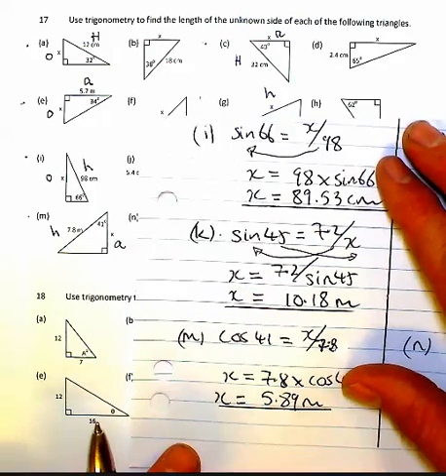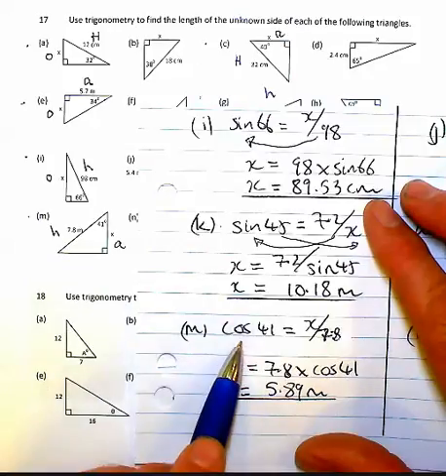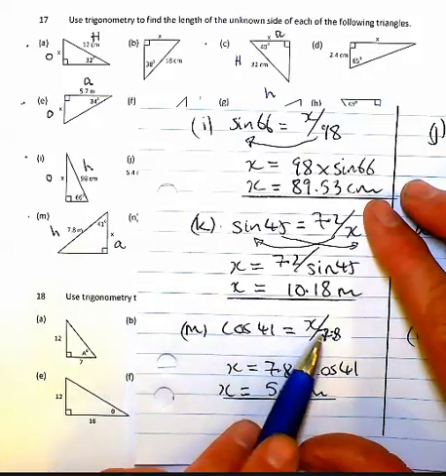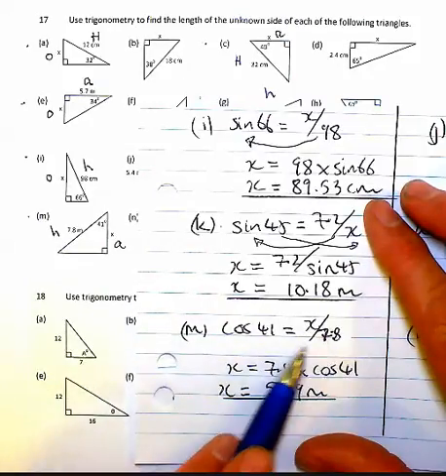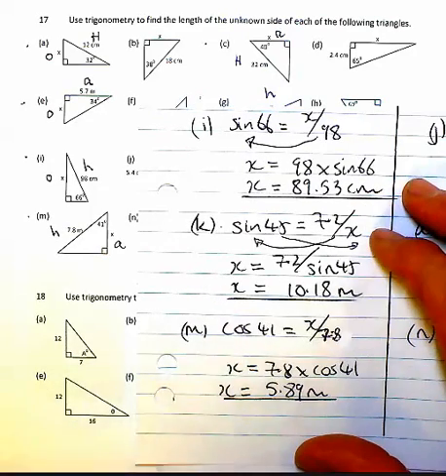In a similar way, when we come to M, cos 41 is equal to x over 7.8, so we have to think a little bit differently again, transposing, multiplying through in this instance.